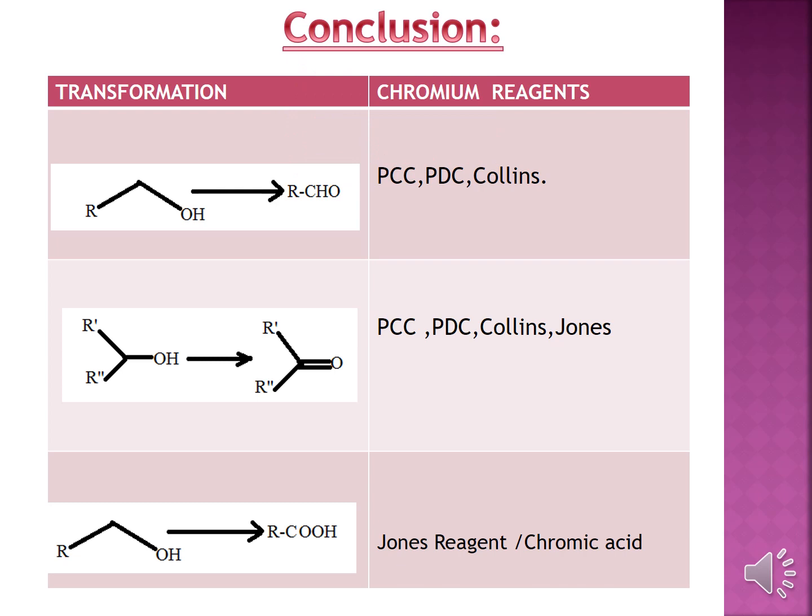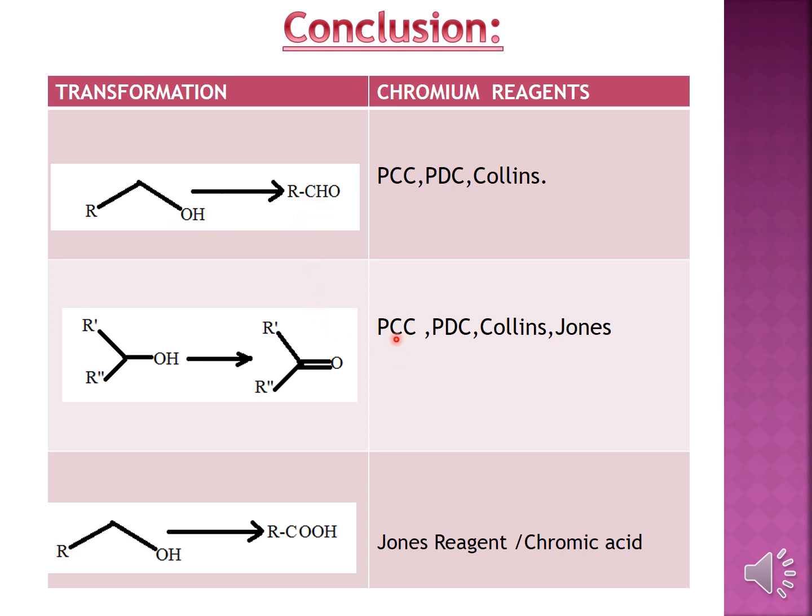So in conclusion, we have studied all the reagents such as chromic acid, Jones reagent, PCC and PDC. If the alcohol is present, the primary alcohol will give the product as an aldehyde. So what are the chromium reagents? That is PCC, PDC and Collins. If you see these reagents, you can write blindly that they transform a primary alcohol to an aldehyde.